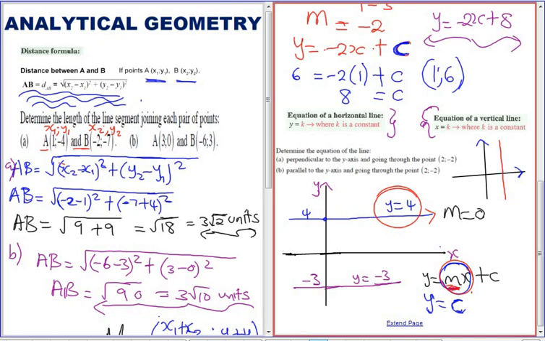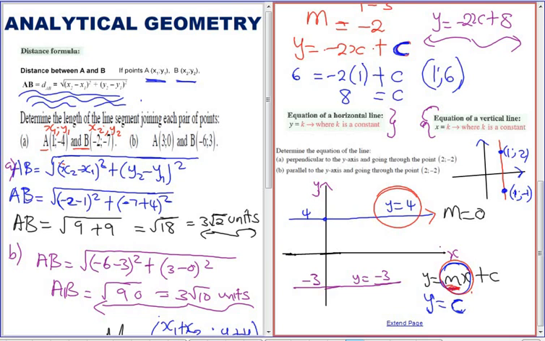Really, calculating gradient there is going to be an issue because on a vertical line, x doesn't change. The x value at this point and the x value at that point, let's say here it was 1 and maybe -1, and then here it was 1 and +2. You see, the x value does not change.